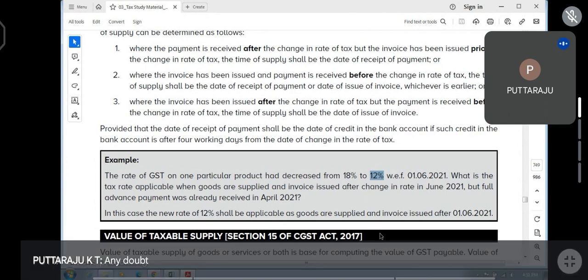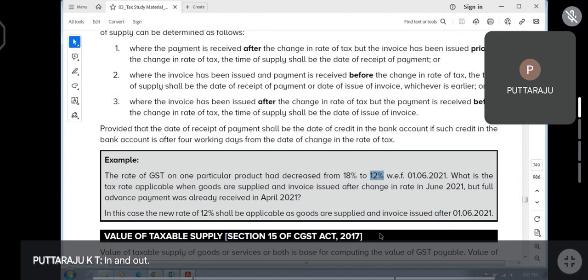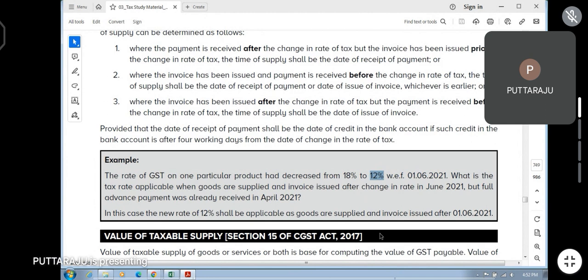Any doubt, any confusion in time of supply? Any doubt? No, sir. Okay.